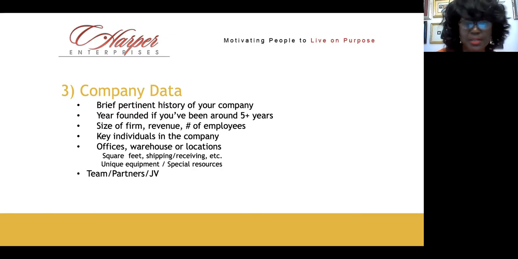Are they previous bankers, IT developers, IT directors, HR consultants? These people are very important because it allows a company to understand that you understand what it takes to run a business. Where are you? Do you have offices, warehouses, locations? Are you virtual? We're living in a virtual society, so we can reach more people virtually than we can any other way. And then team partners, JV partners: who have you worked with and who are you trying to work with? So all this is a part of your company data.